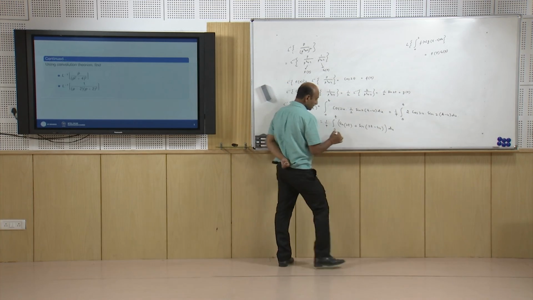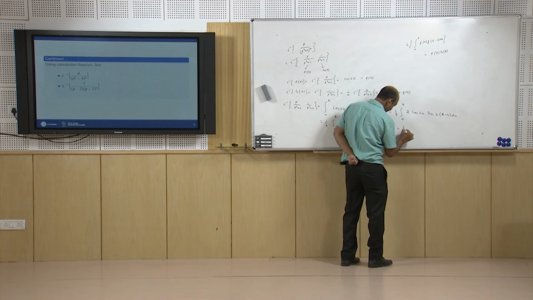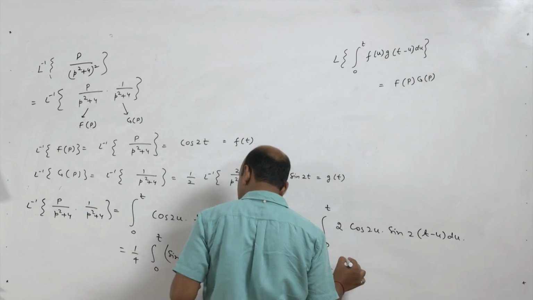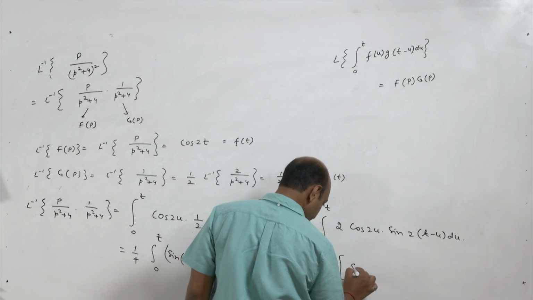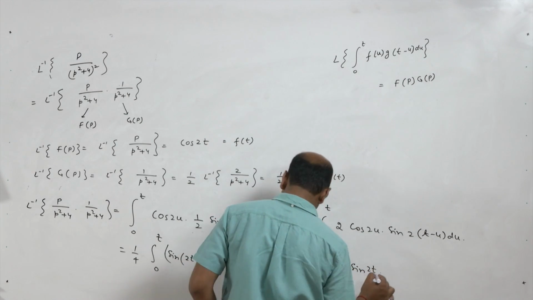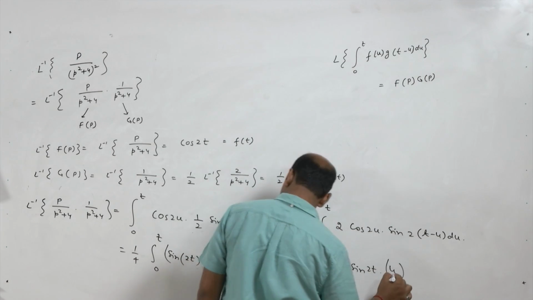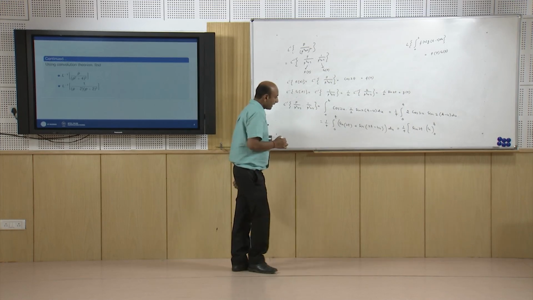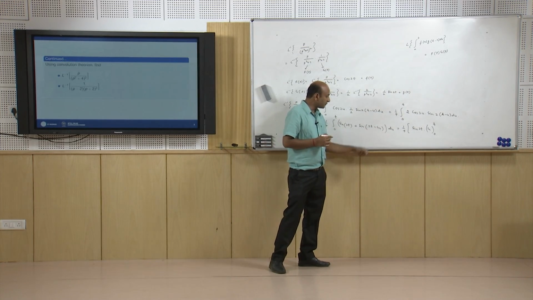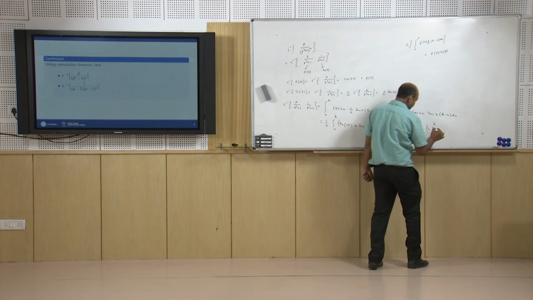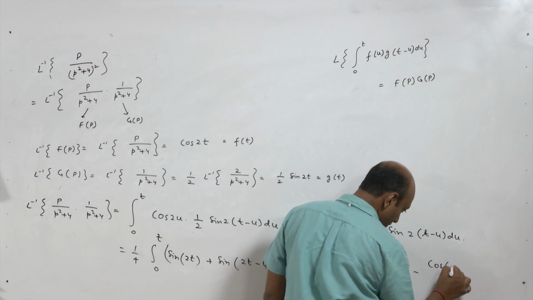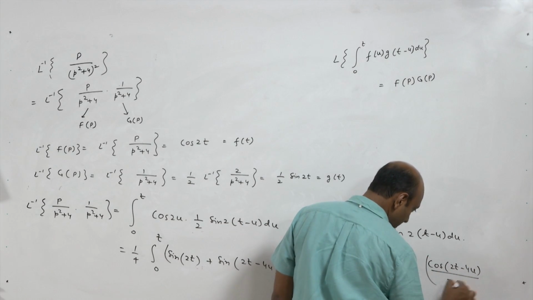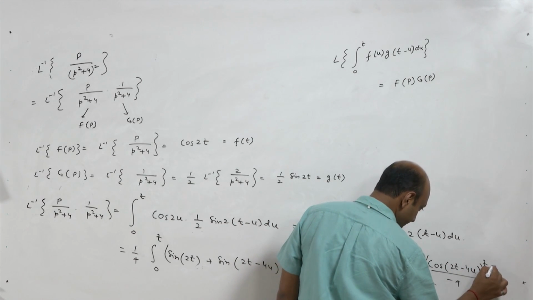So, this is nothing but 1 by 4. Sin 2t will come out, and the integral of du is u from 0 to t. And the integral of sin(2t minus 4u) with respect to u is minus cos(2t minus 4u), with minus 4 in the denominator, from 0 to t.